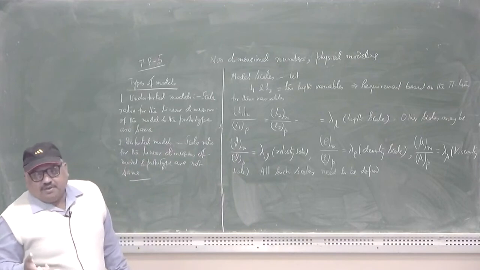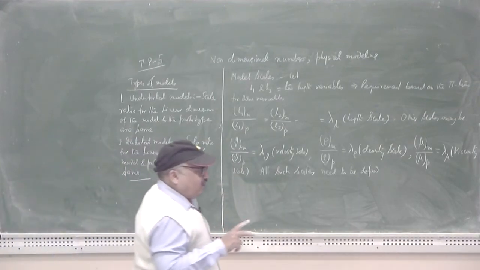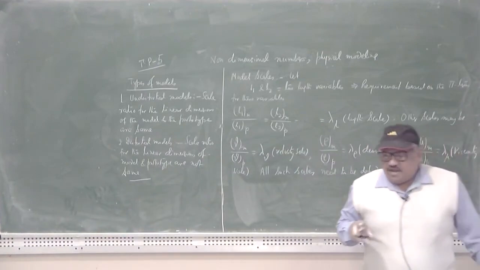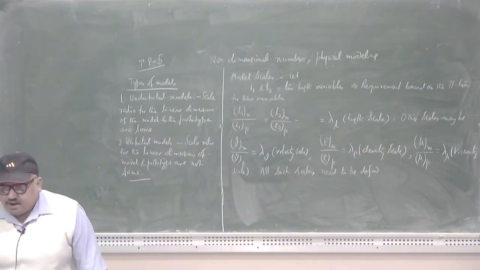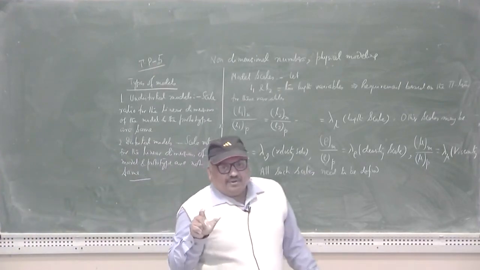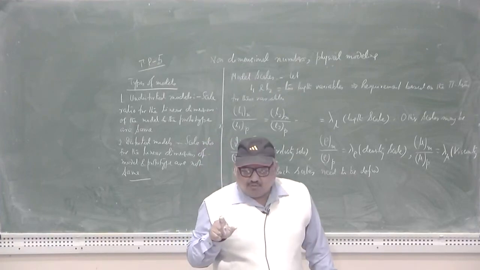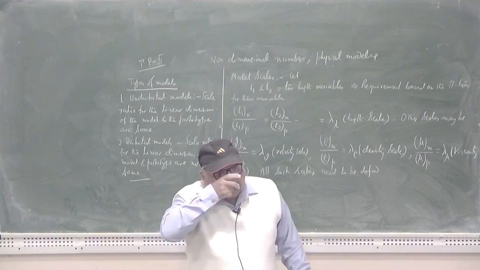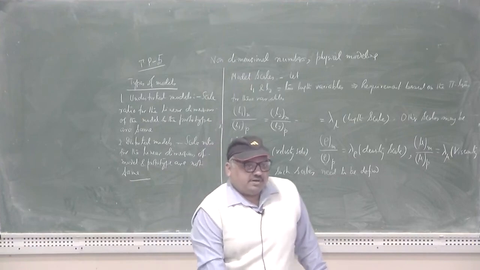What will happen in many model studies? The question is now, in order to have an insight into what basically the distorted model is and why it creates so much difficulty in physically modeling a process if undistorted models are not there, I would like to make you understand what is the difficulty if the full dimensional similarity is not occurring in the case of a distorted model.